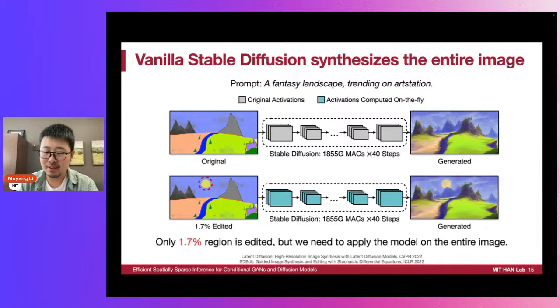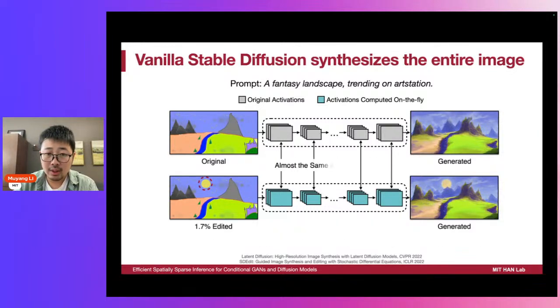Unfortunately, vanilla Stable Diffusion requires another 1800 GMACs per step to resynthesize the entire image. And this definitely wastes too much computation, since only the moon has changed. In fact, the feature maps stay almost the same in the unedited regions.